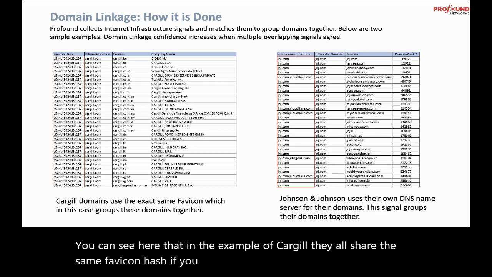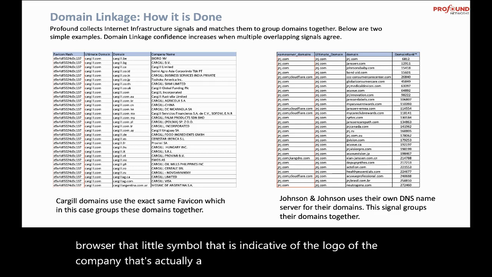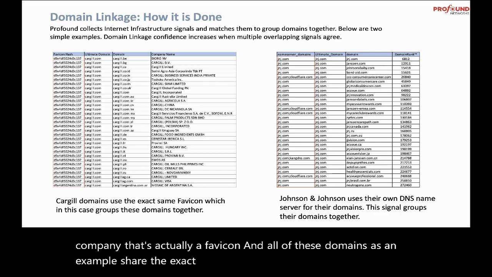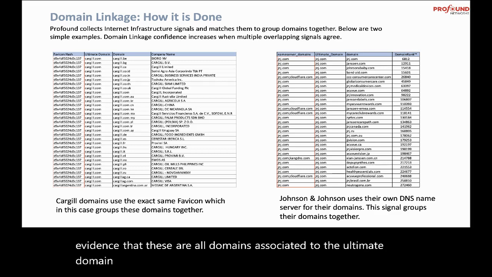If you were to type one of these domains into a browser, you know that little symbol that is indicative of the logo of the company? That's actually a favicon. And all of these domains, as an example, share the exact same favicon hash, indicating irrefutable evidence that these are all domains associated to the ultimate domain, which is cargill.com.